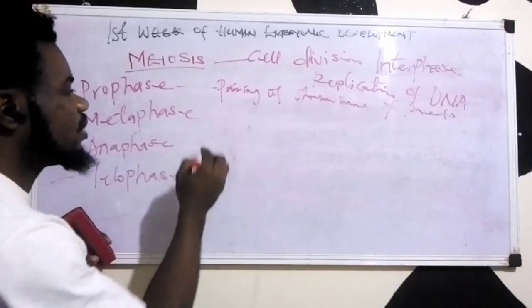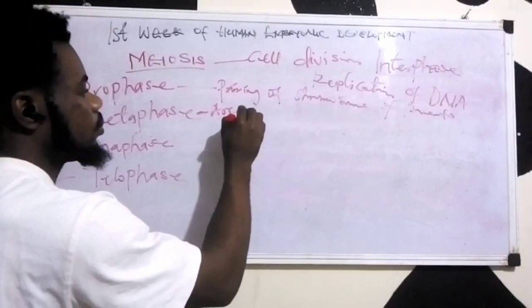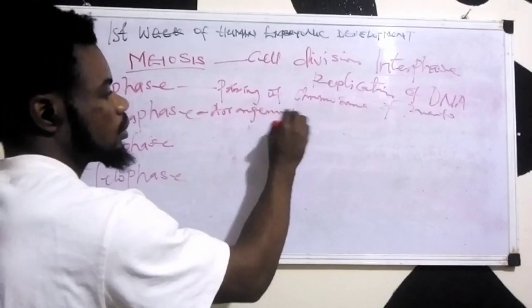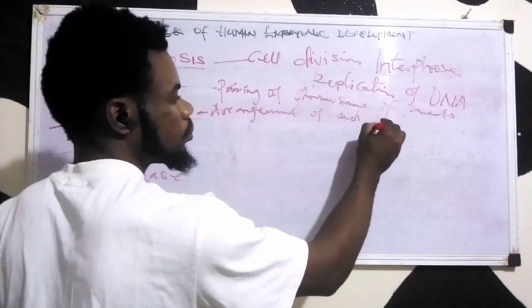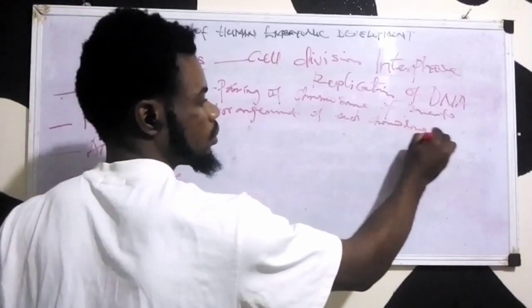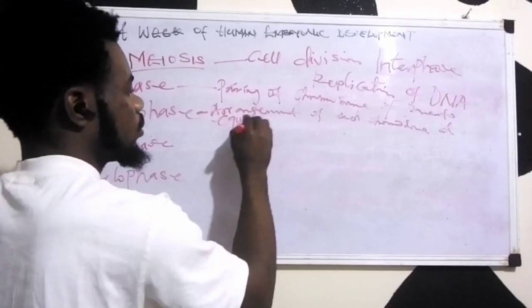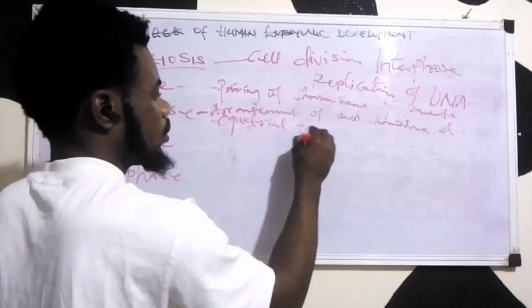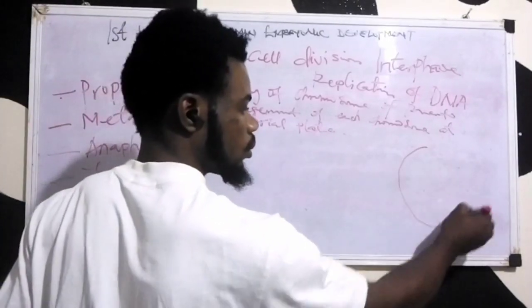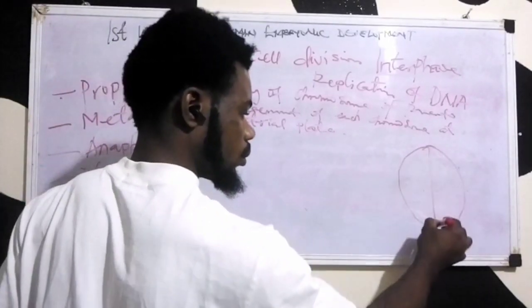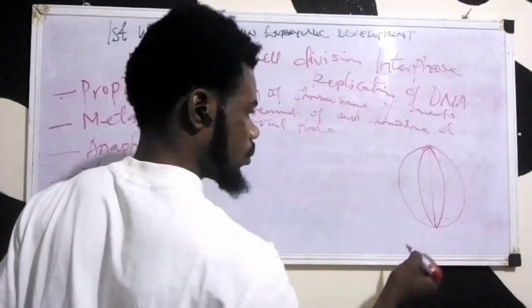Now, at metaphase, there is an arrangement of each chromosome at the equatorial plate.